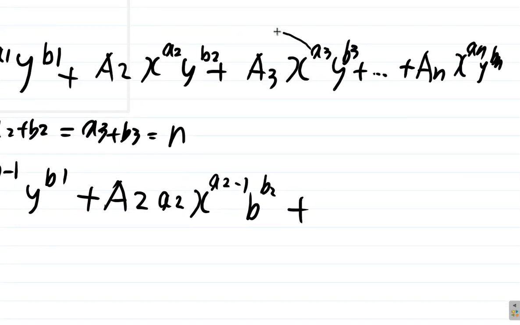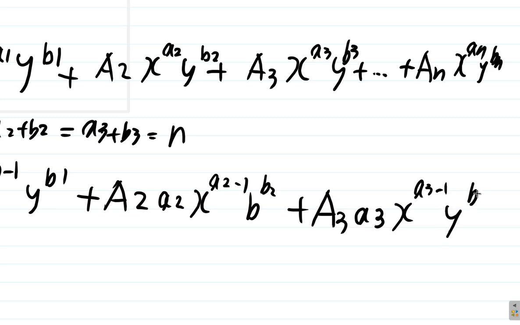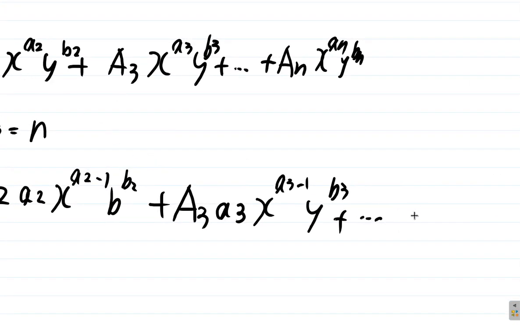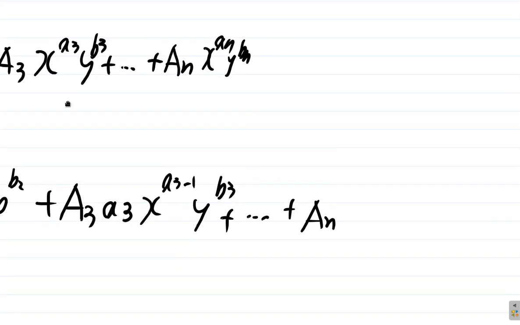Plus, same thing happens here. We have our a3, bring down our a3, x to the a3 minus 1, y to the b3, plus, and so on and so forth, plus, and the last one now, capital An, we have our common an, x to the an minus 1, y to the bn.